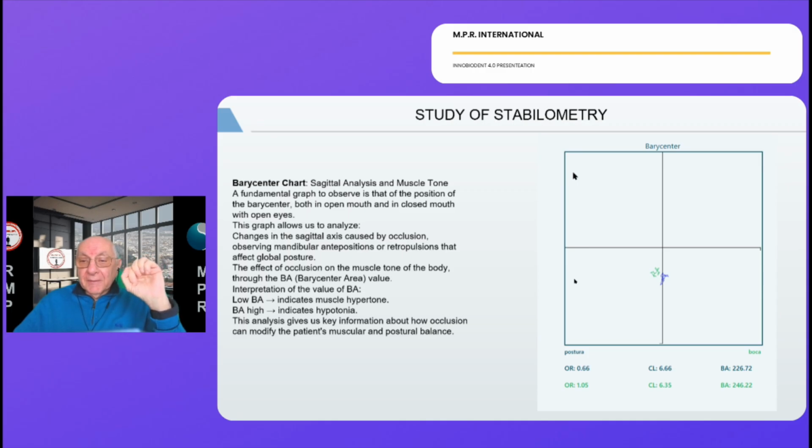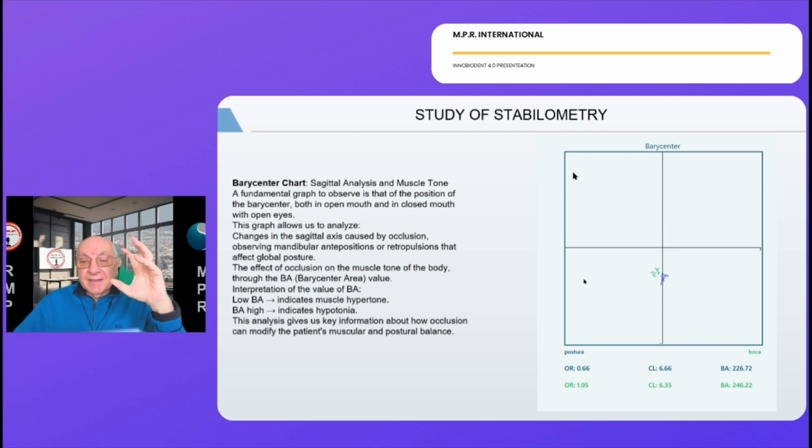One of the fundamental graphs for clinical interpretation is the barycenter position. The barycenter position we measure in a sagittal way. But more important than this is the value that you see there as BA.